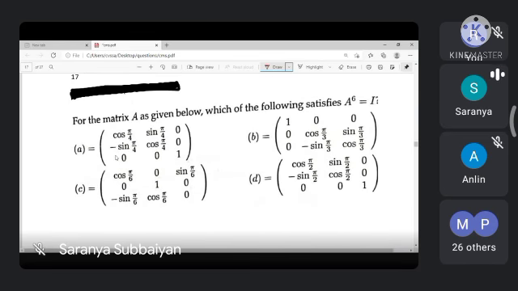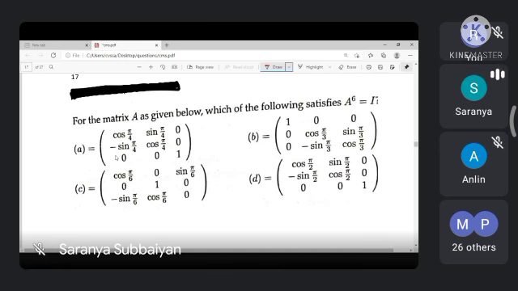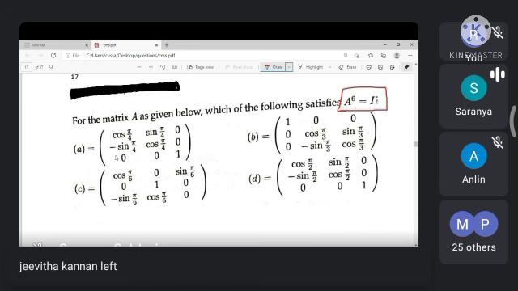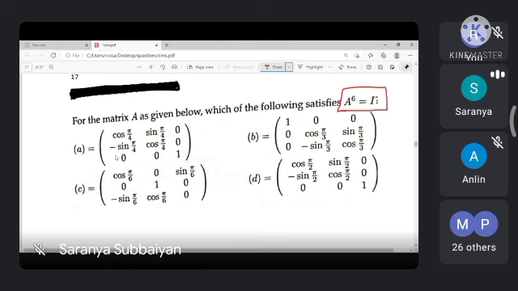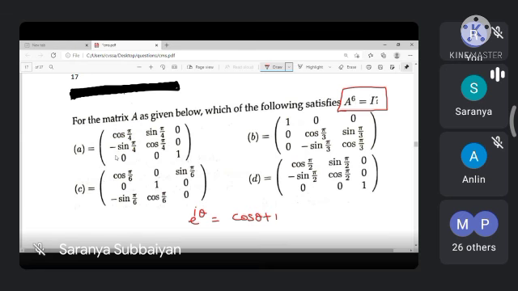For the matrix A given below, which of the following satisfies A power 6 equal to I, the identity? I will give the hint. You know De Moivre's theorem, right? e power i theta is cos theta plus i sin theta. (e power i theta) whole power n is (cos theta plus i sin theta) whole power n.